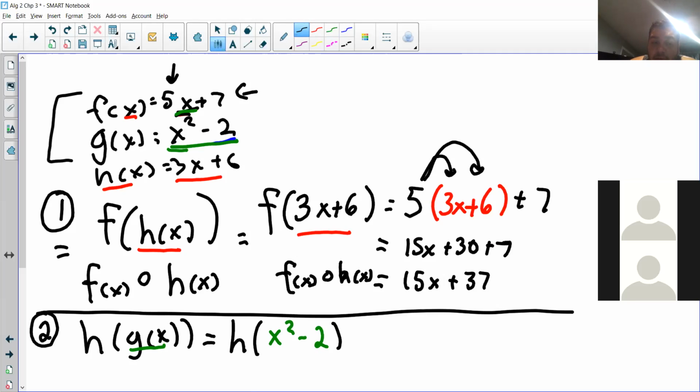Now my next step is to see wherever x is and replace it with the x in the original equation, or the h of x equation. So since it's 3x, it's going to be 3 times what I'm plugging in, x squared minus 2, plus 6.